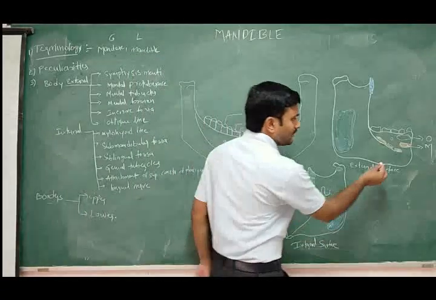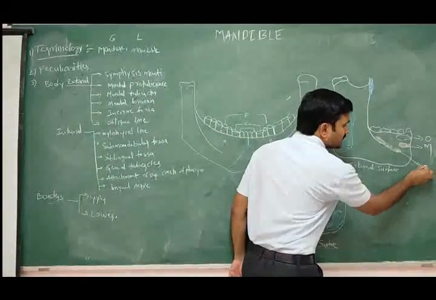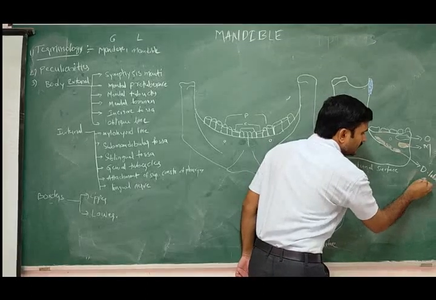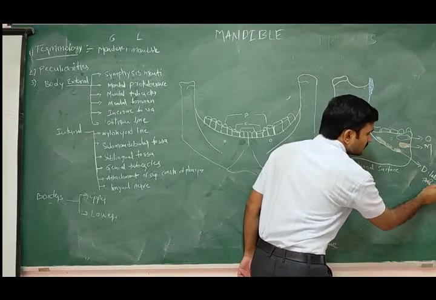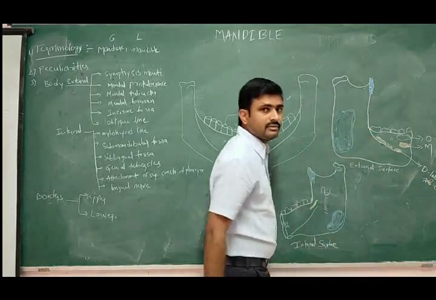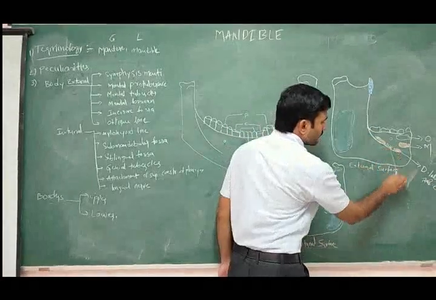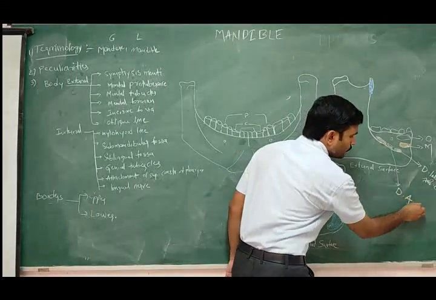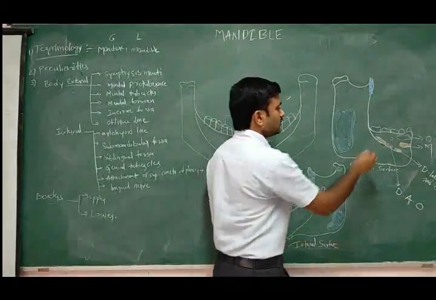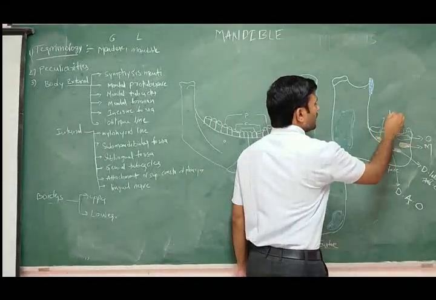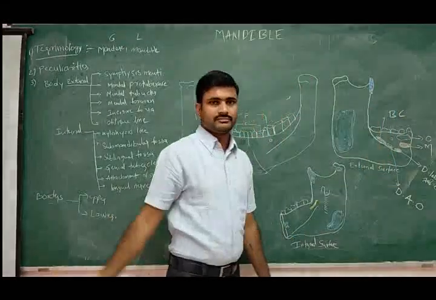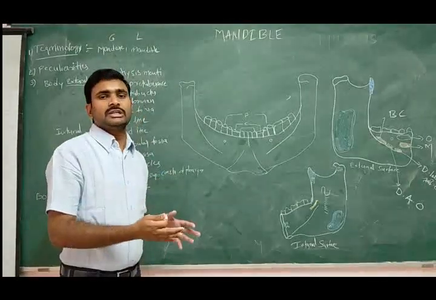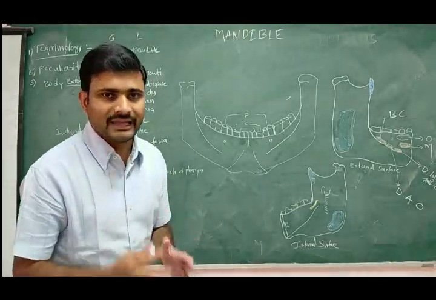One, you can see, is the depressor labii inferioris, the second is the depressor anguli oris, and the third is the buccinator. So three muscles are attached from anteriorly to posteriorly on the oblique line.